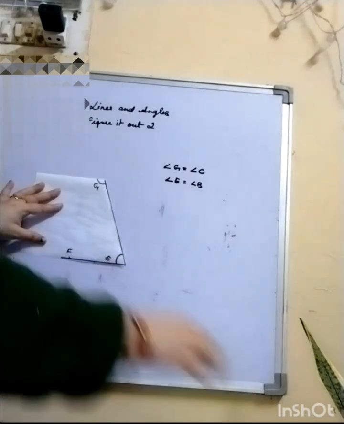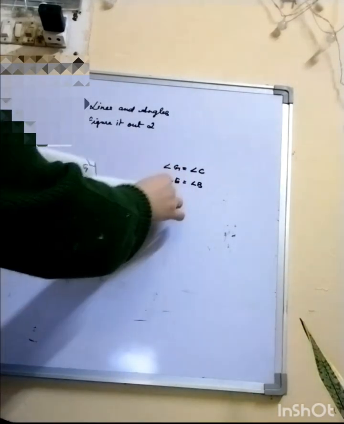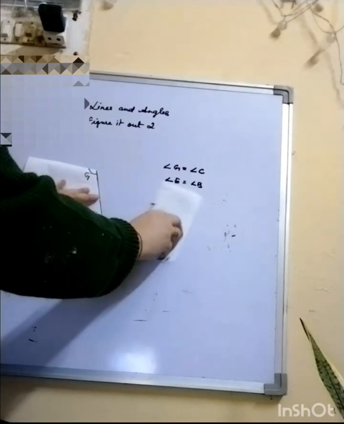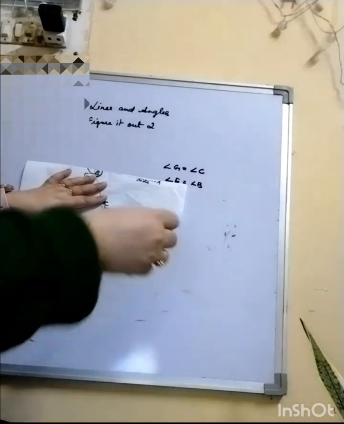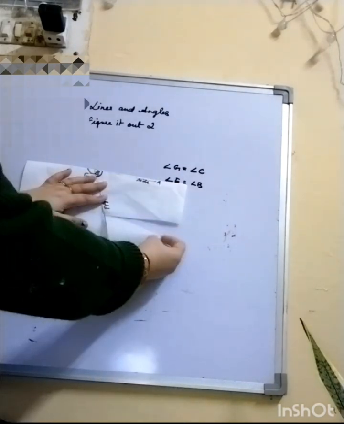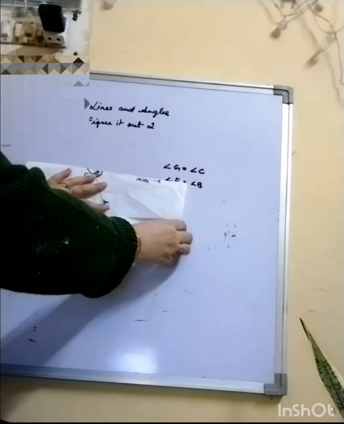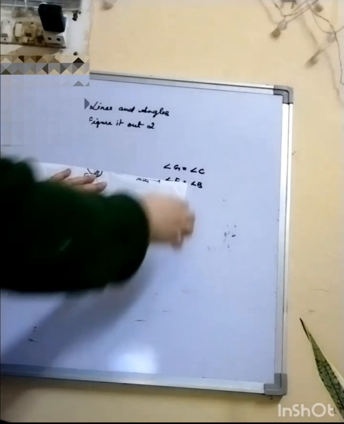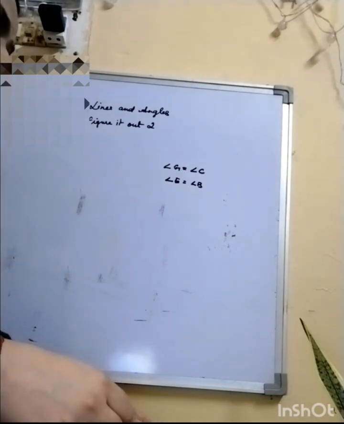Now I would like to give you the full name of the angle, because the question has asked to mark the angles and name the angles. So let's redraw this on the board now. That's what we have done.